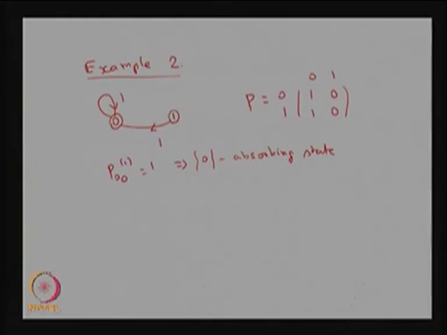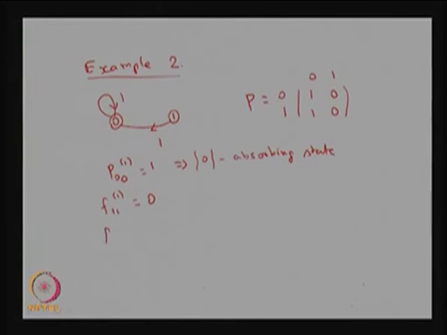Now, we will find the classification of state 1. If you find f 1 1 of 1, what is the probability that the system will come to state 1, given that it was in state 1, with the first visit to state 1 exactly in the first step? That is not possible, because with probability 1 it moved to state 0, therefore this is 0.